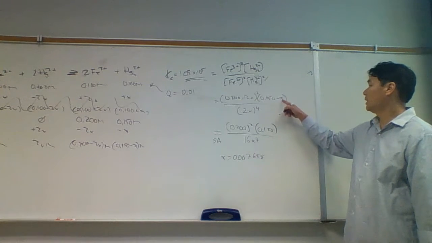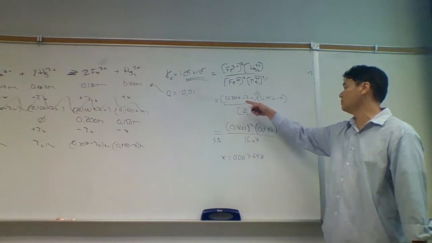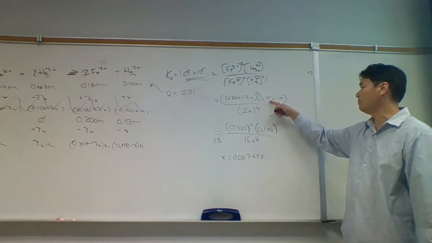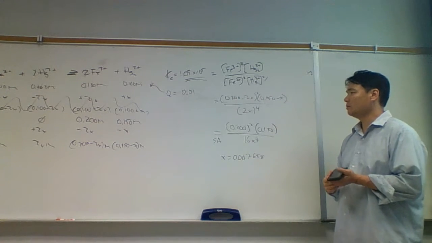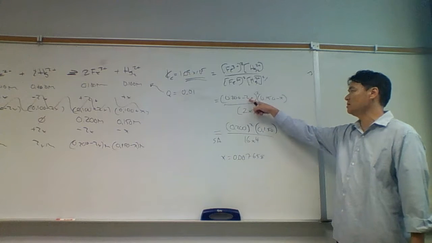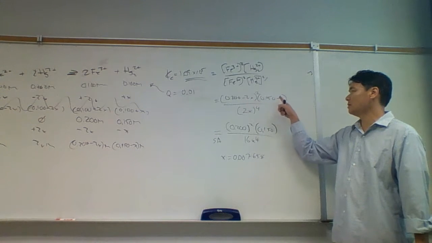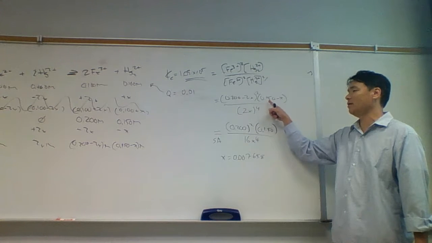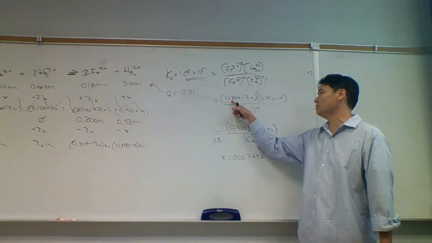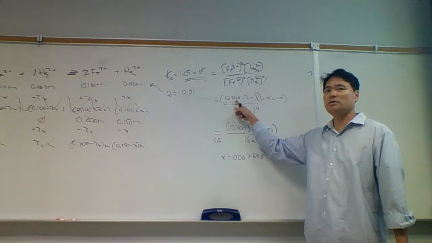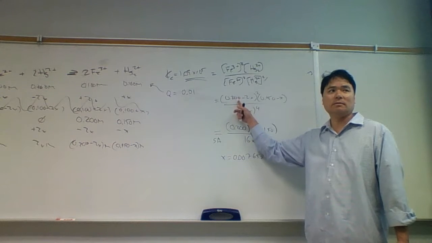Now what's going to be a bigger change here? 2x versus 0.2 or x versus 0.15? The way I figure out which one's going to be a bigger percent change is, this is 2x, so I'll double this. If I double this, that would be 2x versus 0.3. I'd have to double this. So 2x versus 0.3 versus 2x versus 0.2. 2x versus 0.2 is a bigger change. And so this is what I'm going to use to calculate my percent change, the bigger one.